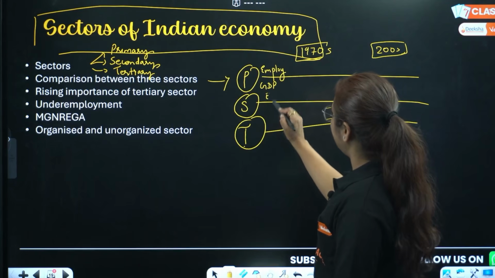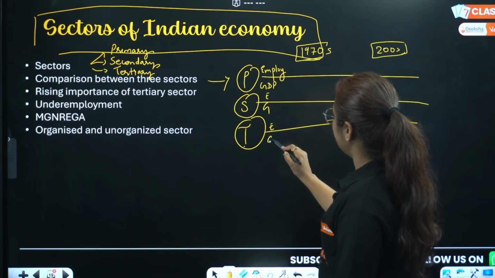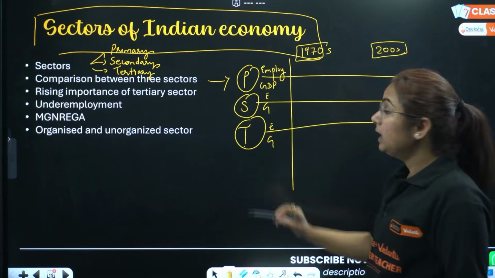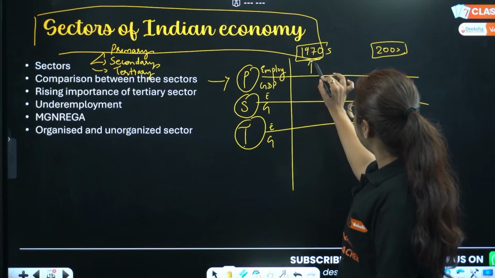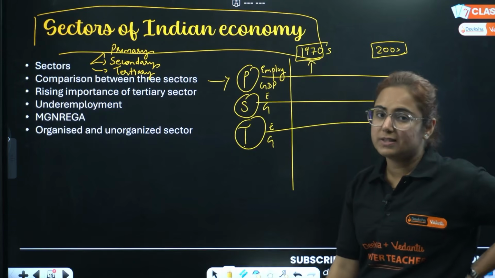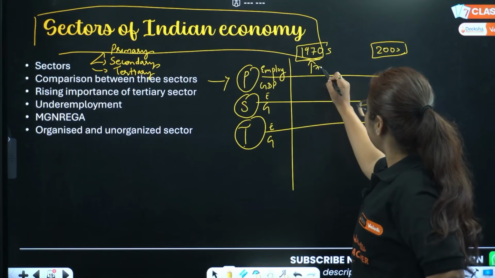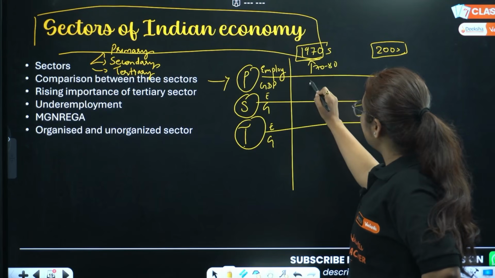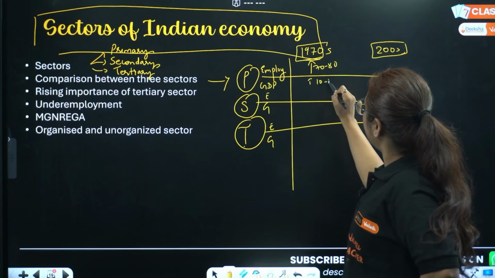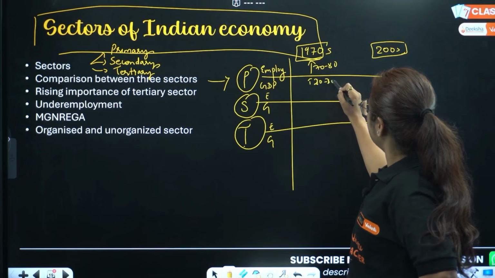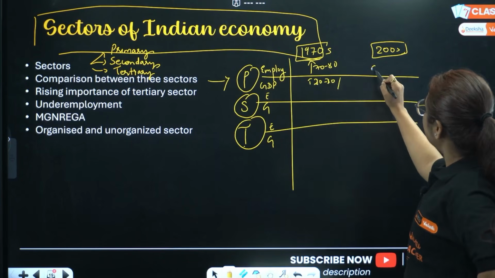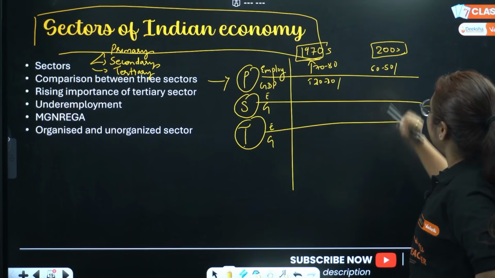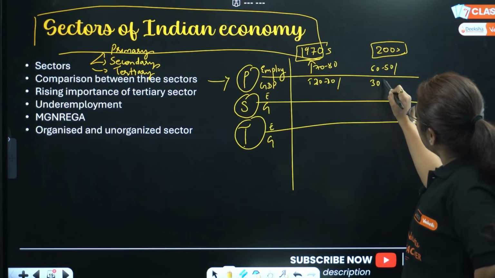Okay, employment, GDP. Get it? There are so many people employed in 1970s, around 70-80% people employed here, and the GDP was not that good, like 10 to 15 or 20 to 30%. But in 2000, the people are like 60 to 50%, and the GDP is some around 30%.